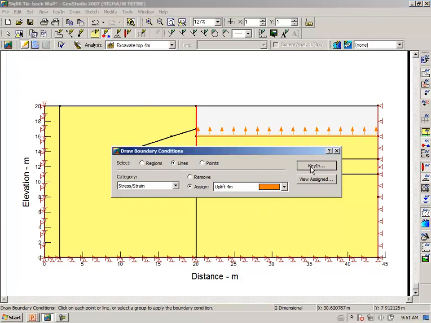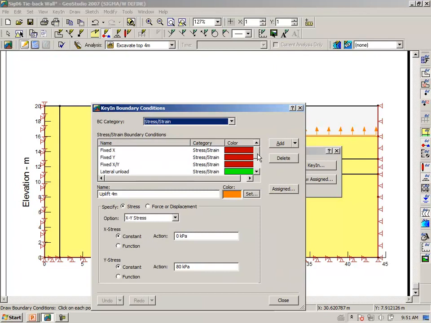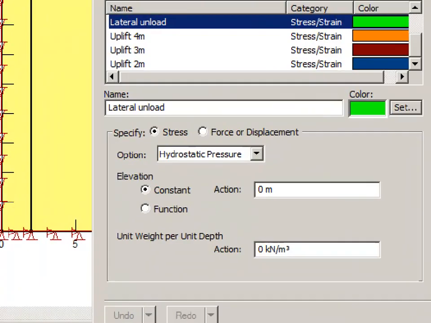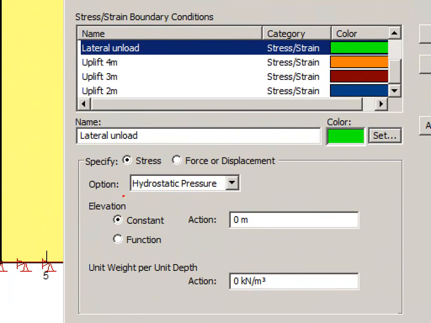Now the lateral force resulting from the removal of the soil, the boundary condition has been defined. Notice that we are now selecting here a boundary type under the stress category called hydrostatic pressure.